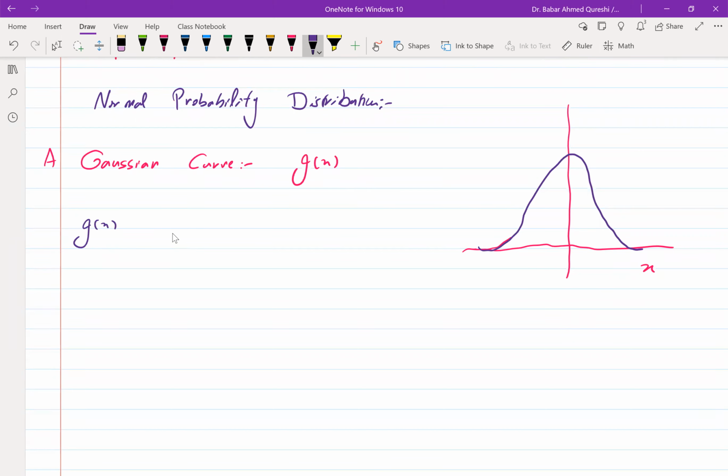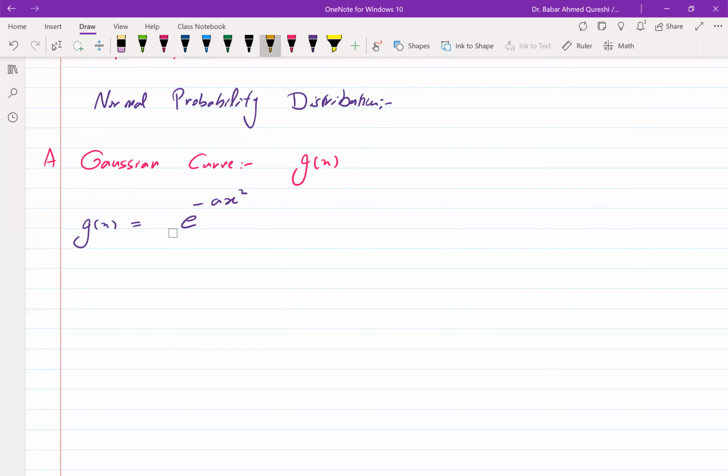So I'm just right now trying to build up to that. I'm just considering it to be like this. Now, what does this kind of a function look like? I'll try to plot it.